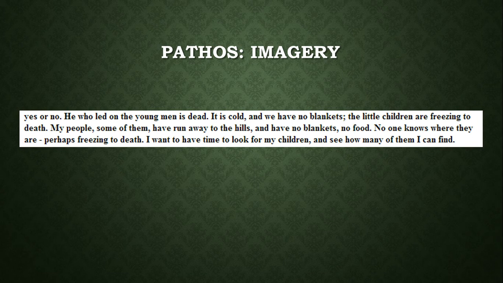So when Chief Joseph here talks about the little children that are freezing to death, and that his people have run away and have no blankets, no food, and that they are perhaps freezing to death, we imagine especially little children with no blankets who are hungry and they're cold. That is quite a potent mental image that Chief Joseph has given us in this speech.